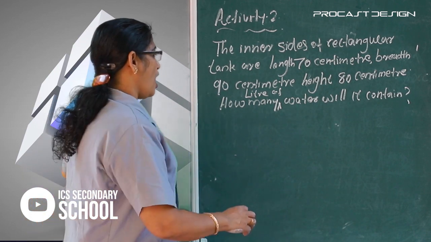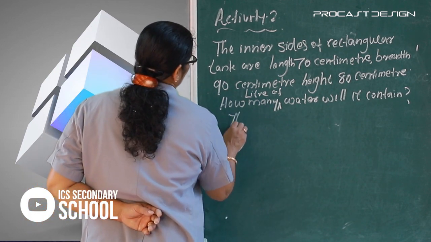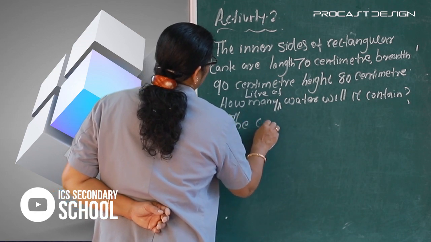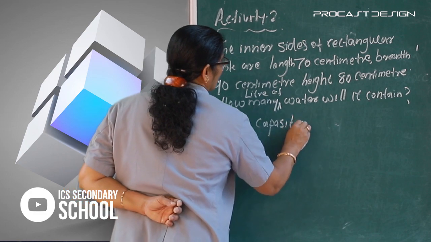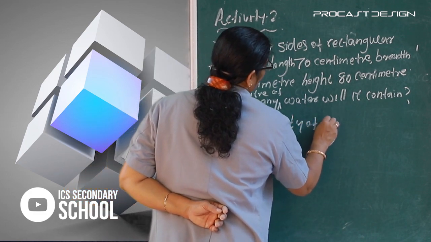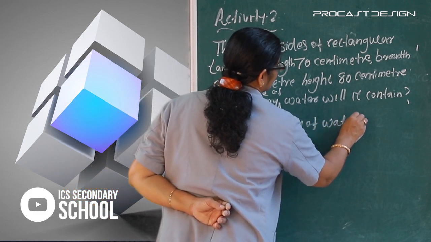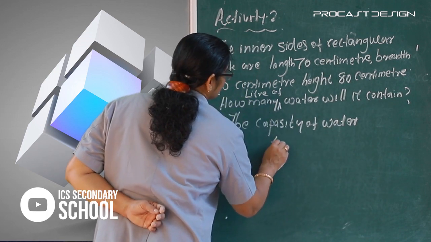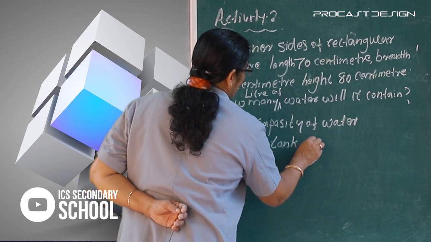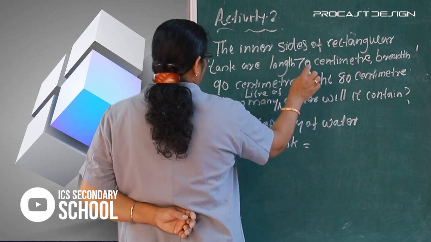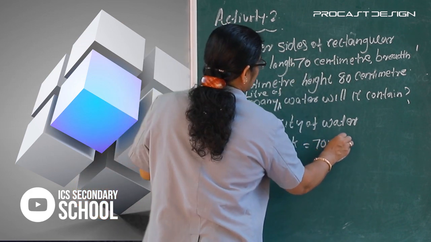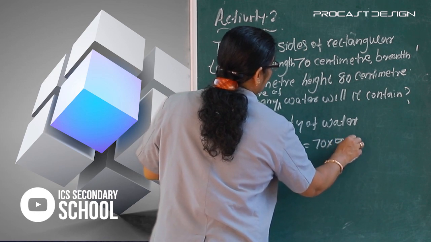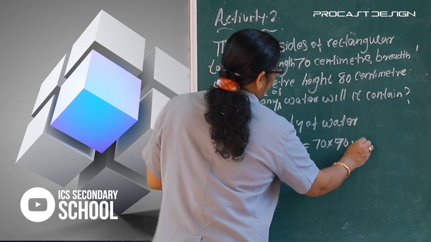The capacity of the water tank: length 70 centimeter, breadth 90 centimeter and height 80 centimeter.